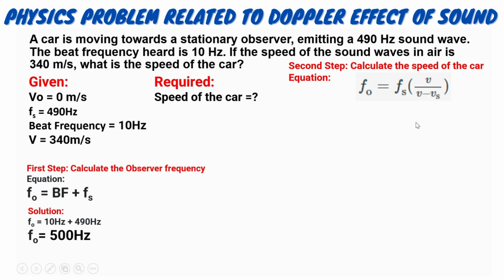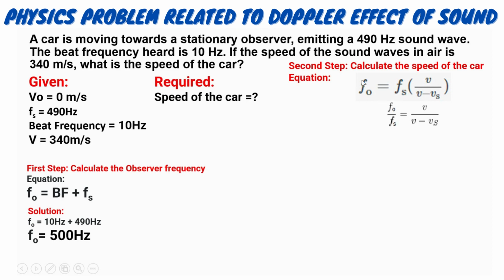So this will be our final equation. However, we need to rearrange this equation because what we are asked is to get the speed of the car. Yung Vs yung hinahanap po natin sa problem. Therefore, we need to rearrange the equation.